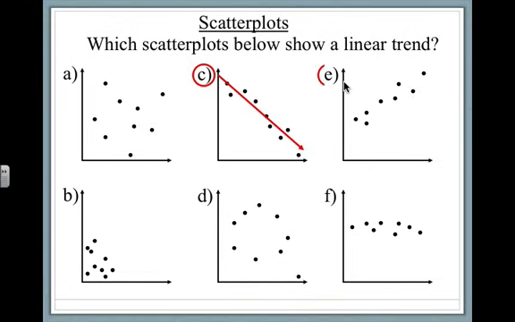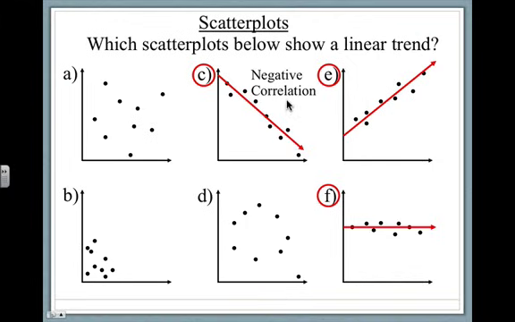E, however, does have a linear trend, and the pattern seems to be as one increases, the other increases as well. And this one has a linear trend as well. So this, since as the independent variable increases, the dependent variable decreases here, so this would be an example of negative correlation.